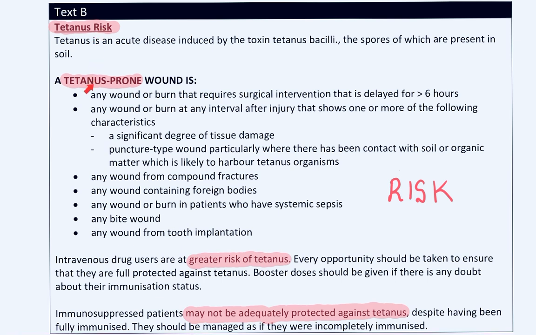When it's skimmed quickly, you can see puncture type wound, particularly where there has been contact with soil or organic matter, which is likely to harbor tetanus organisms. Likely to harbor tetanus organisms means susceptible to tetanus. So what is missing here? We have contact, which is touching with earth, which is soil or organic matter. So organic matter is missing here.